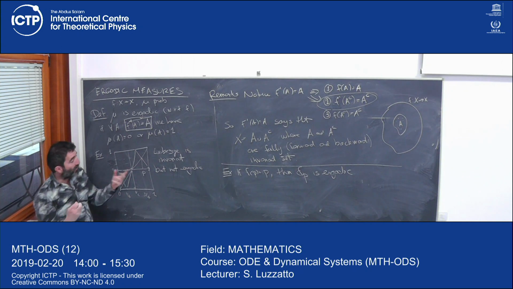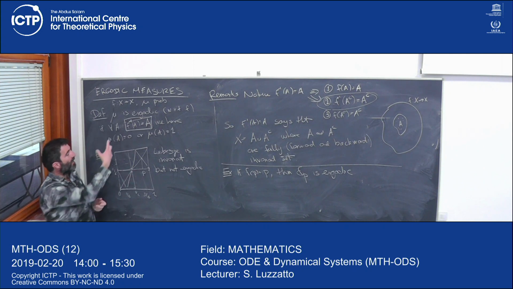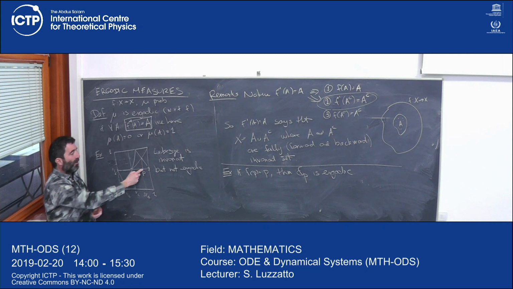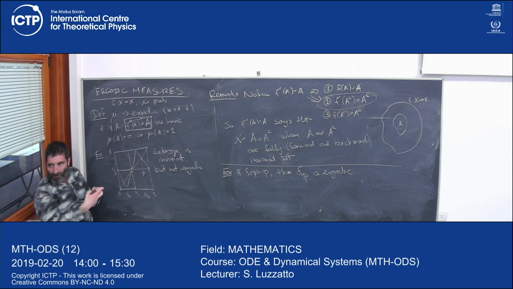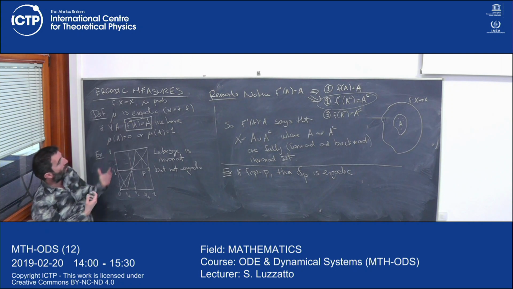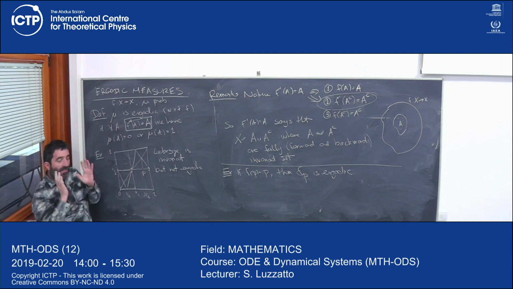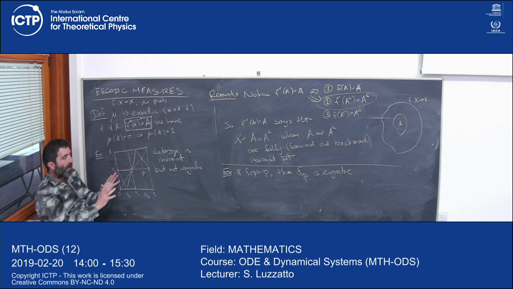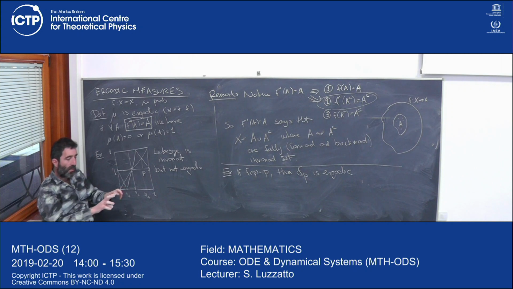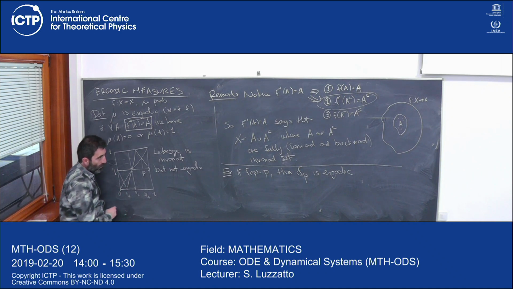The example of the Dirac measure is kind of trivial, because of course all you're seeing in that measure is this fixed point. You don't see anything else. So of course you cannot decompose it. But that is the concept of an ergodic measure: once you choose your measure, that's the measure that you choose to look at your system, and then you say, with respect to this measure, can I decompose my system? Okay.